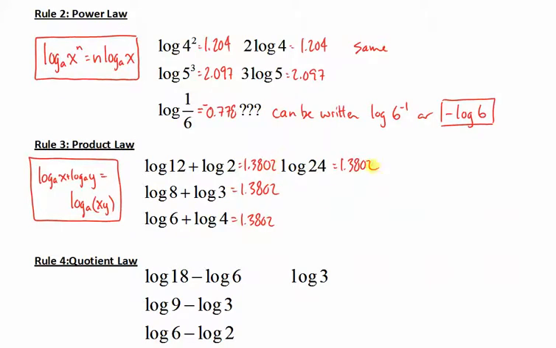You should have found all of these were the equivalent decimal 1.3802 rounded off, and it leads to the rule that log base a of a certain value, x, plus log base a of a different value, y, is equal to log base a of their product. So 12 times 2 makes 24, 8 times 3 makes 24, 6 times 4 makes 24, and so they'd be equivalent to the log of 24.